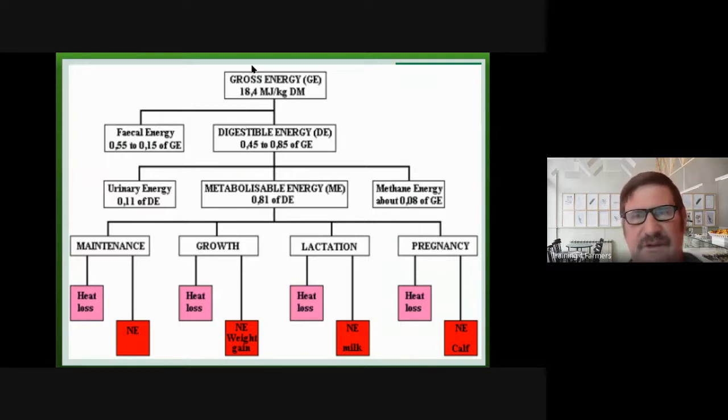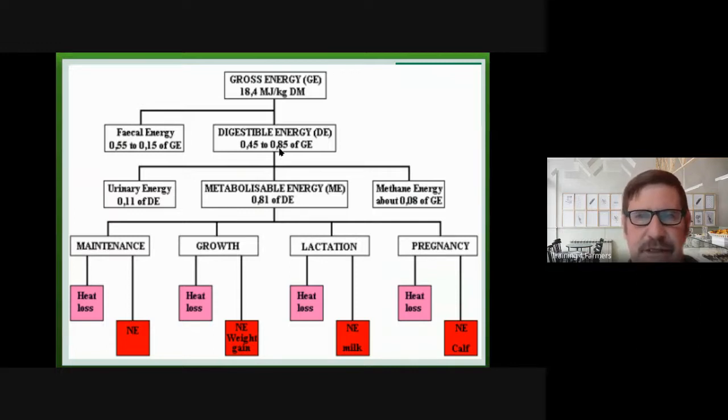That's what we started with, and then we subtracted fecal energy, and that gave us digestible energy. So they reckon if you started with 18.4 megajoules of gross energy, by the time you've lost 0.5 megajoules and so on, you're getting sort of 0.85 megajoules. So it's come down quite a bit.